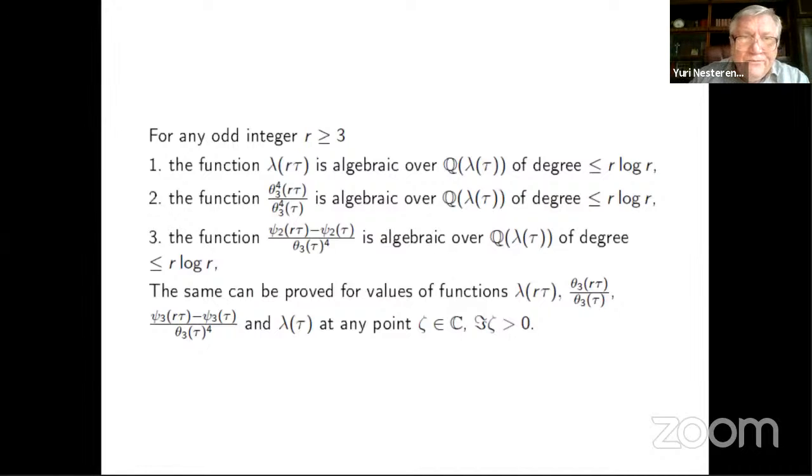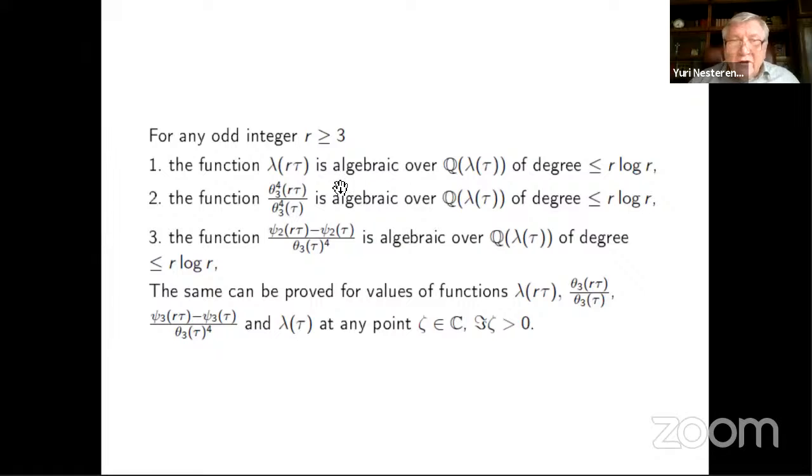Next, lambda is a modular function, psi is a quasi-modular function, but in this case it's possible to write so-called modular polynomials. These are polynomials connecting, for example, lambda of r tau and lambda of tau. Here r is any odd number, which is convenient in this situation.